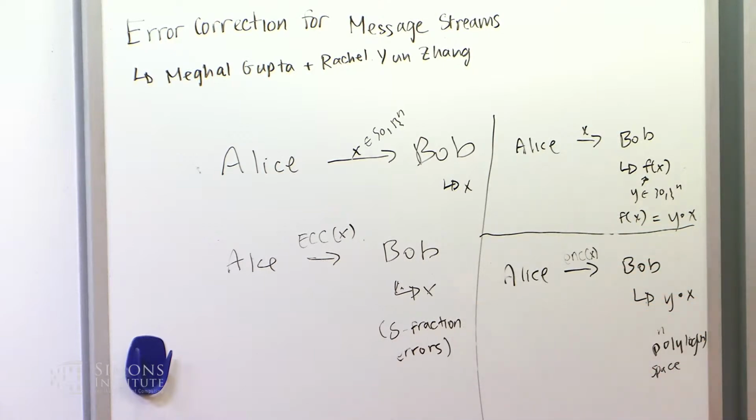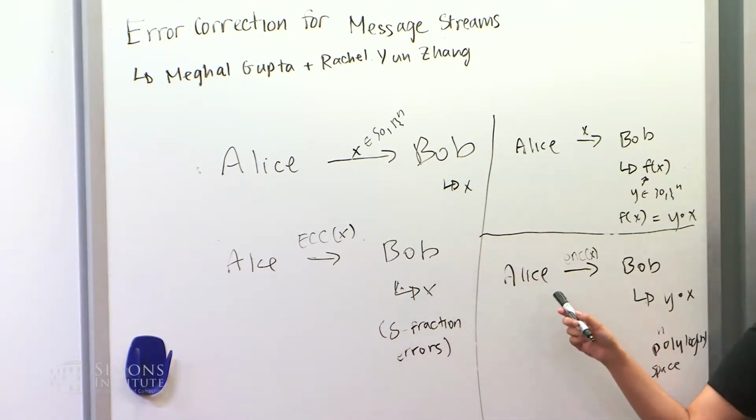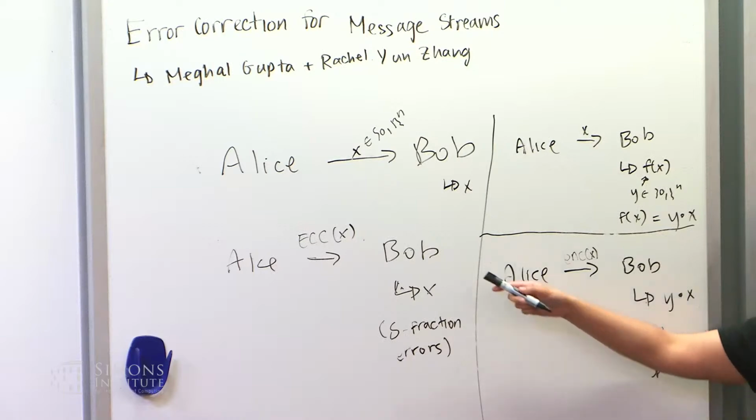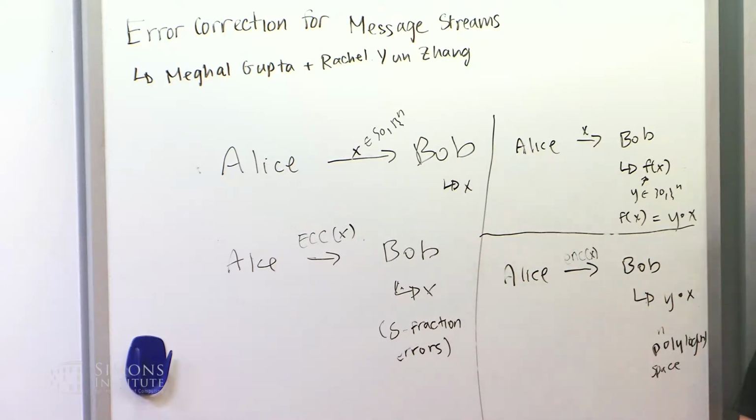This highlights why the question is inherently different in the streaming model than in the standard model: in the standard model, you can just send a global error correcting code and then decode the entire thing at once, but here you can't use that solution. So can you do this?